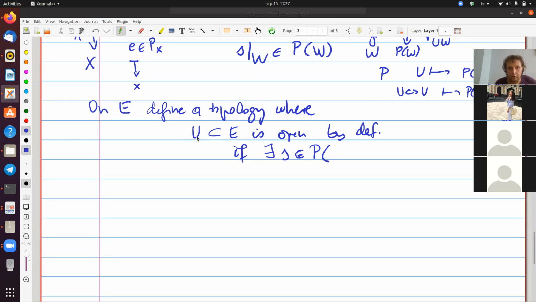We already know what this projection is. Projection is already defined. So take pi of U, that's an open set in the base.